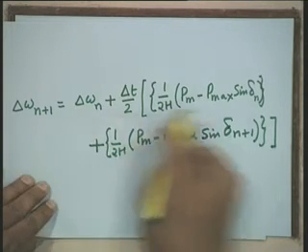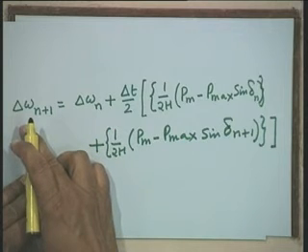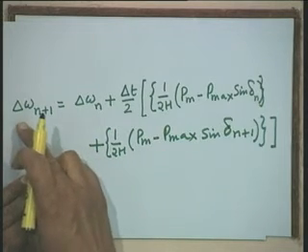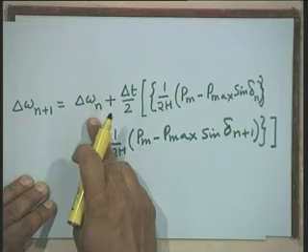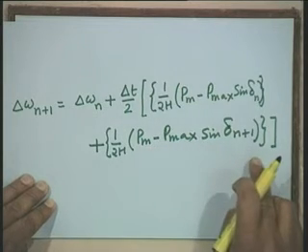This is the equation to obtain the value of delta omega n plus 1 in terms of delta omega n and in terms of delta n plus 1, because now delta n plus 1 is coming here.